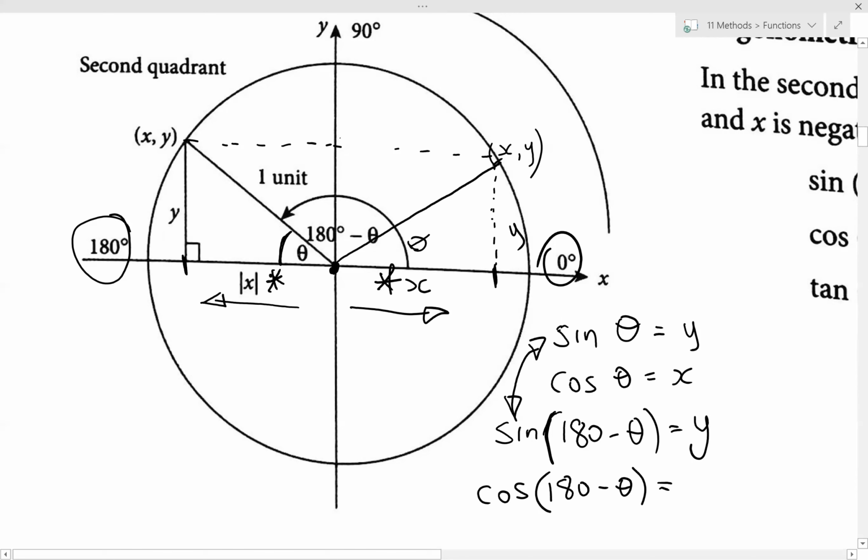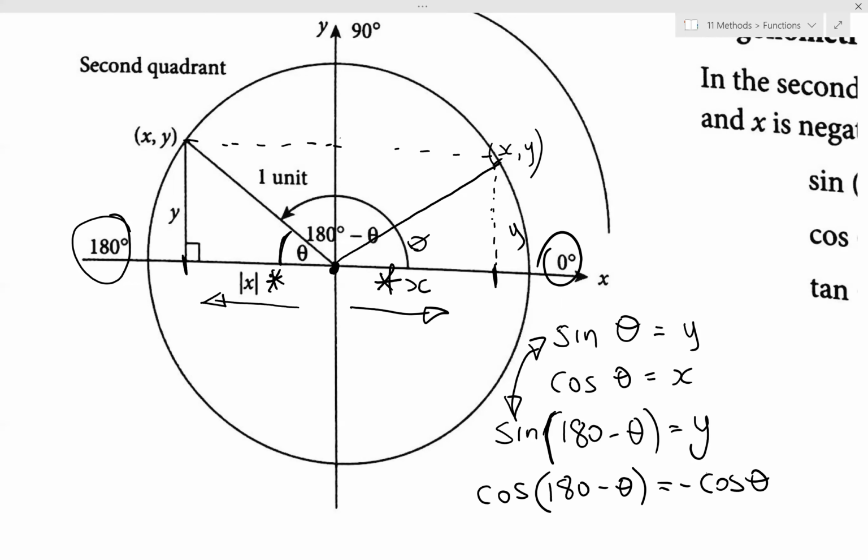So my answer is going to have the same numbers in it as it does with cos of theta, except that the value is going to be a negative value. So I can say that the cos of 180 take theta, which gets me into that second quadrant, is going to be the same as cos of theta, except the answer is going to be negative.